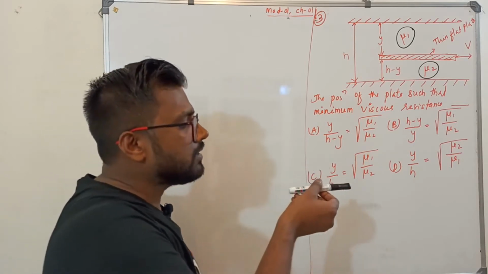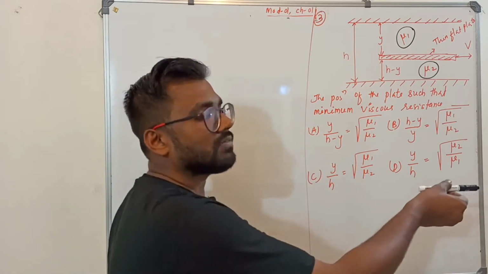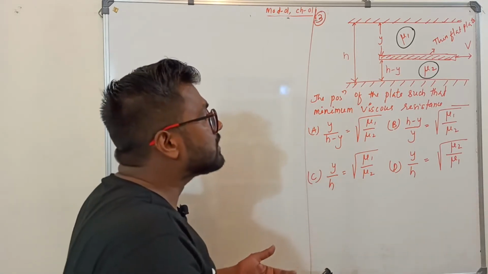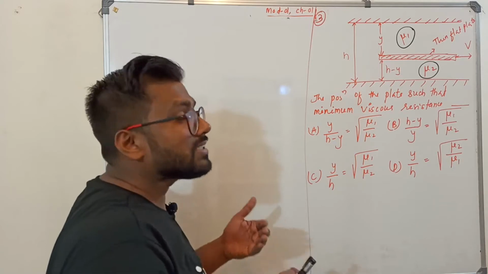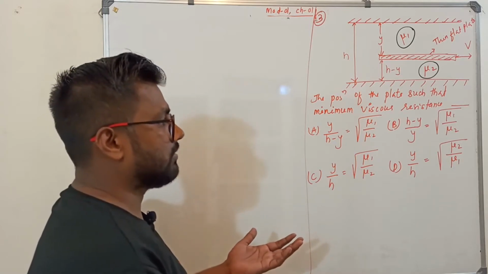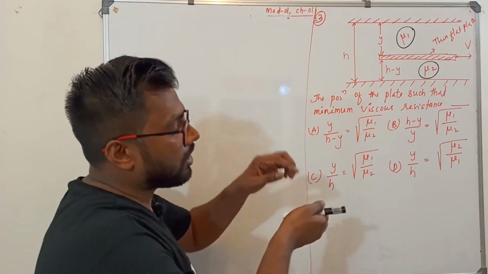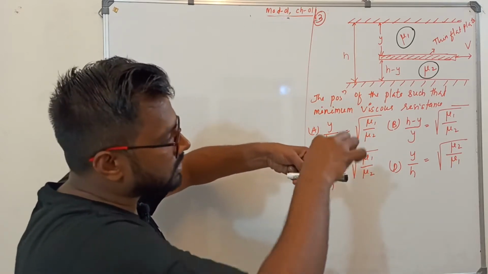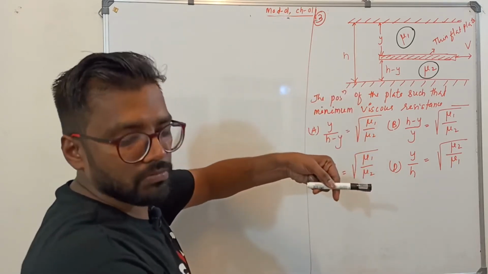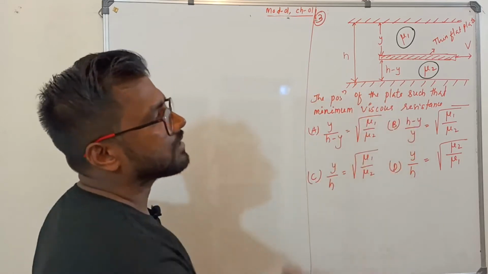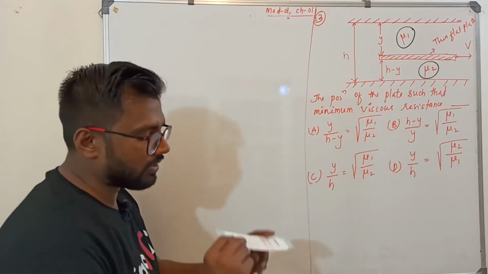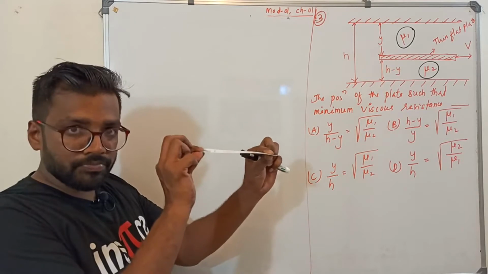This plate is moved uniformly at velocity v. Then what is the relative distance of y and h minus y, so that the combined resistance, the resistance of the top fluid plus the resistance of the bottom fluid, is minimum? Remember, you have a very thin plate like this.